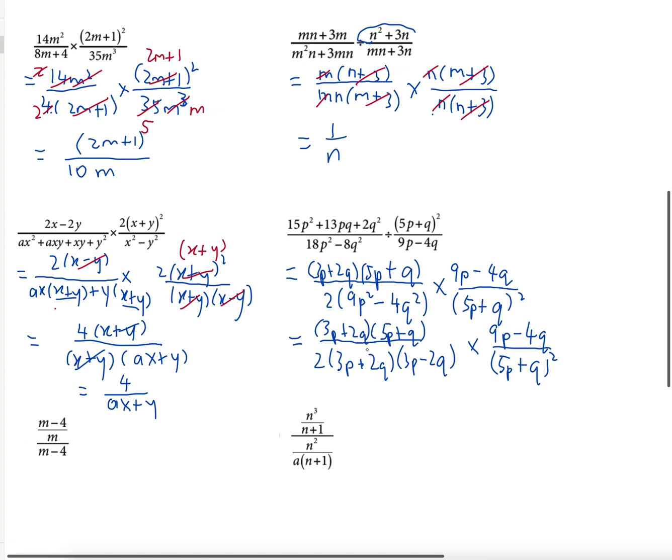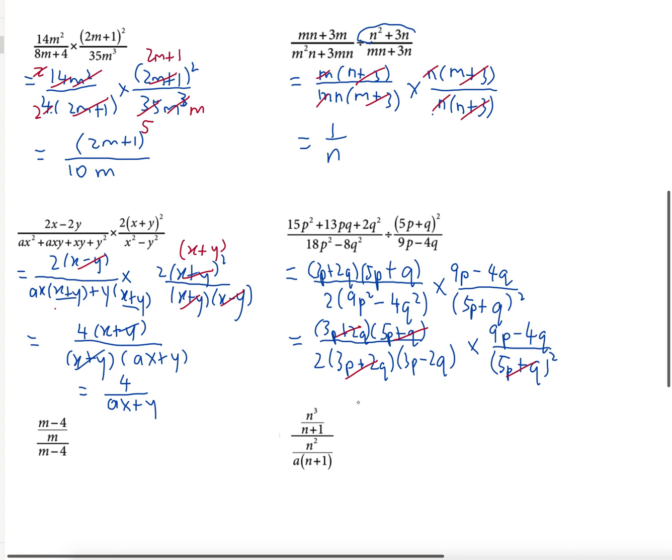You can check by checking the first term, which is 3p times 5p, 15p squared, and the last term is 2q squared, which is correct, and the middle term is 10pq plus 3pq, which is 13pq, right? So our guess is correct, that there is a common factor which is the same. So in this way, we don't need to really factorize a lot.